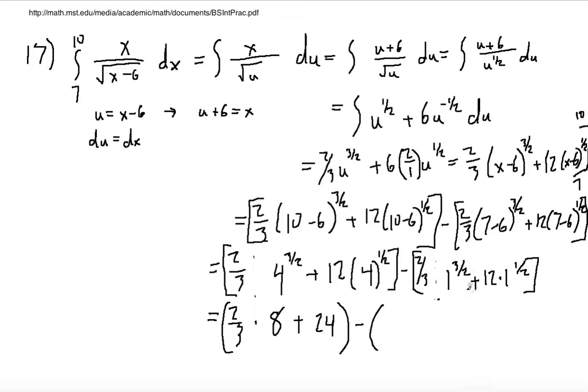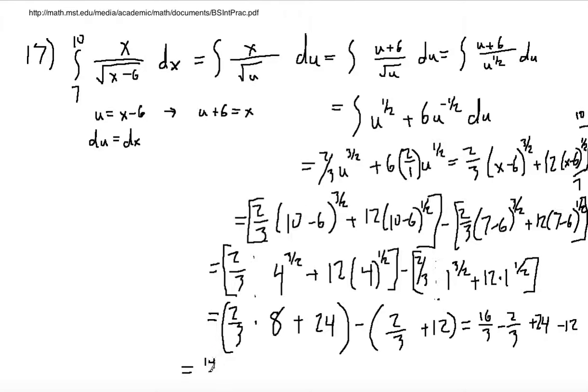I always love taking 1 to any power because it's always just equal to 1. So here we just get 2/3 plus 12. And do what your grade school teacher taught you. Put common terms together. Right now we have 16/3 minus 2/3, and we have 24 minus 12. I like to think that that idea of collecting like terms goes for more than just your x's.